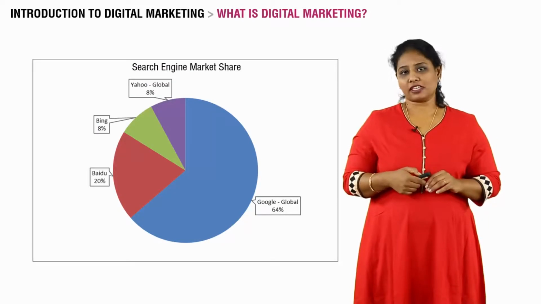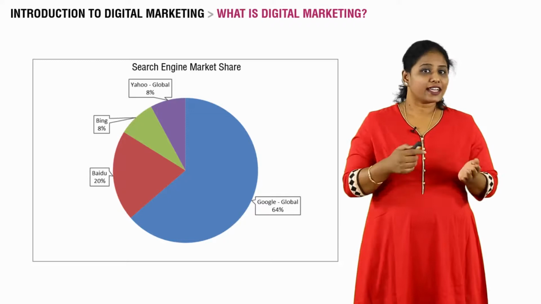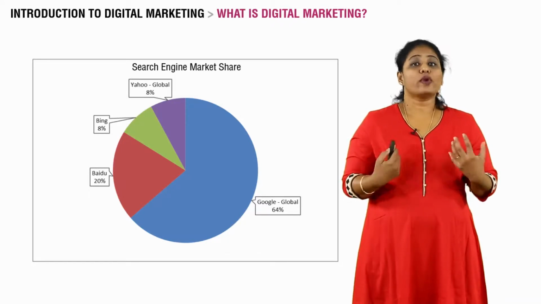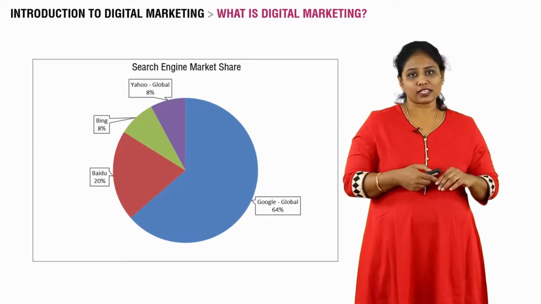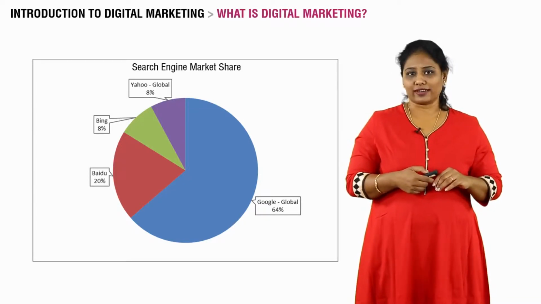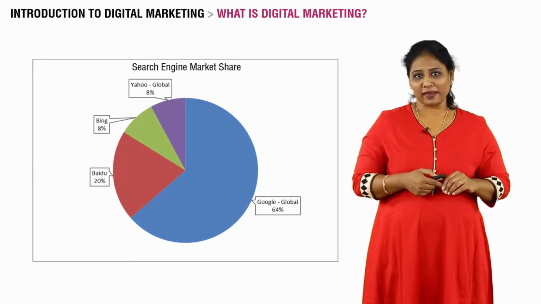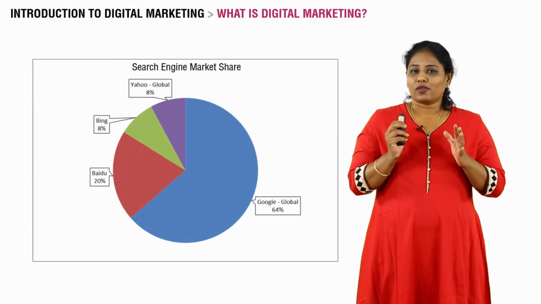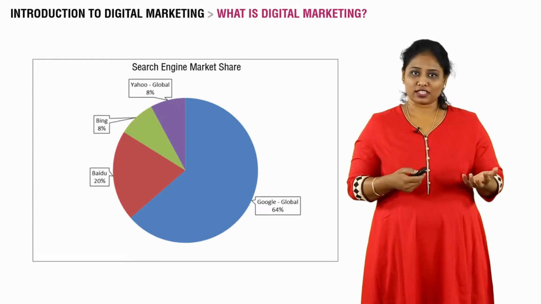When we spoke about search advertising, where is this money being spent? This again is related to where the time is being spent. This graph shows you that the Google search engine has the largest chunk, followed by Baidu and Yahoo and Bing. When people invest in search advertising, they put up ads on the search network.